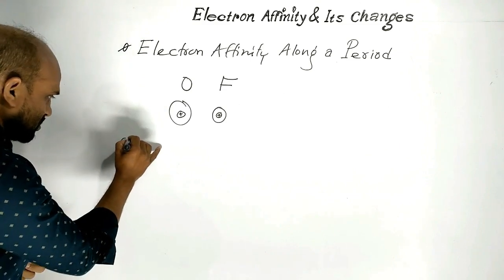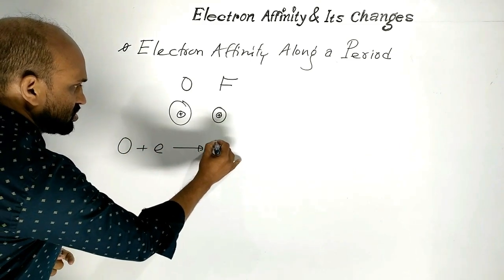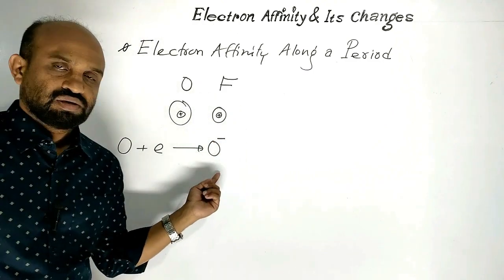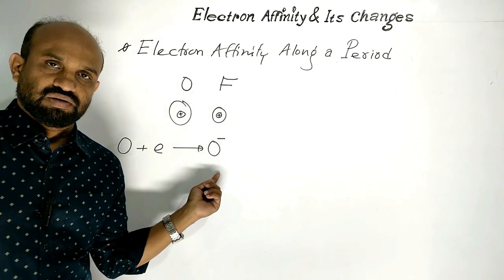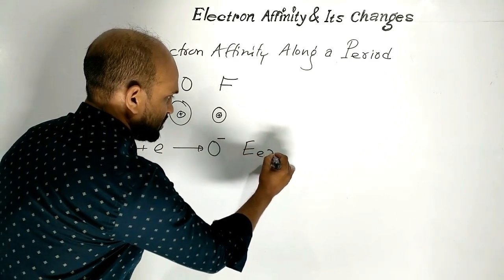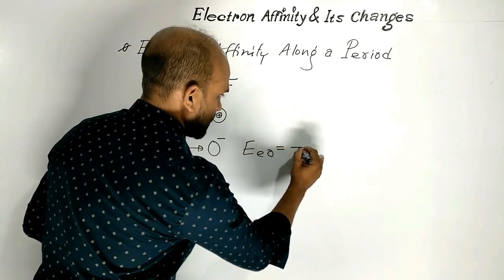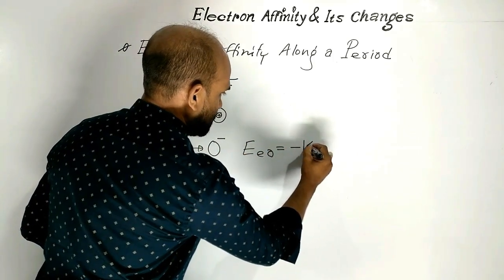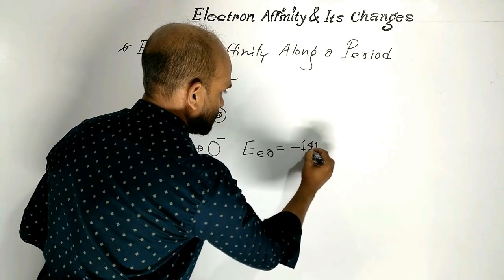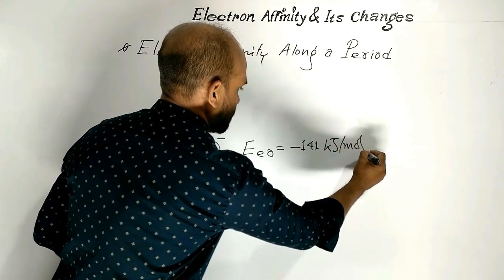Here oxygen plus 1 electron gives oxygen minus, a uninegative ion. Here the electron affinity of oxygen is minus 141 kilojoule per mole.